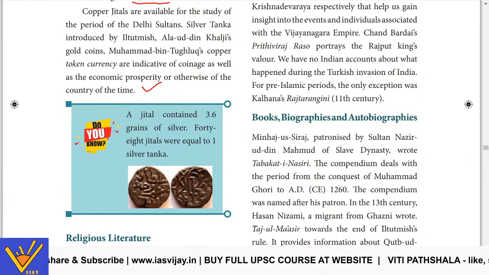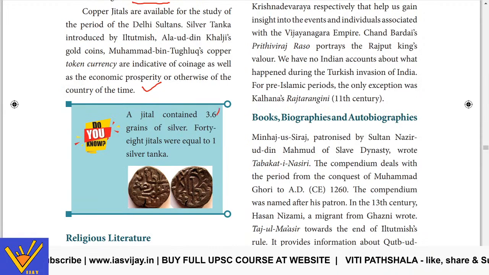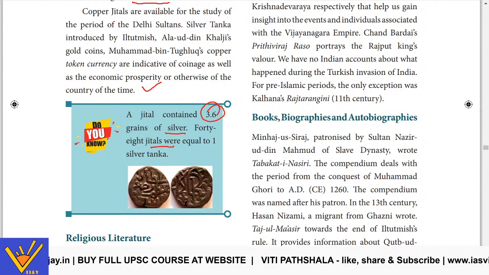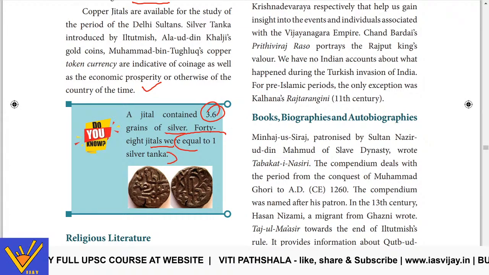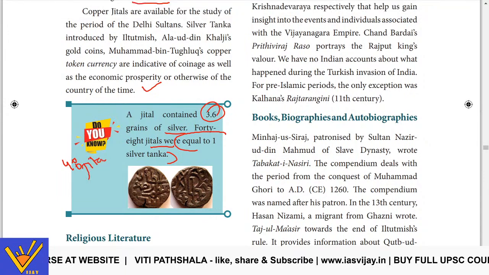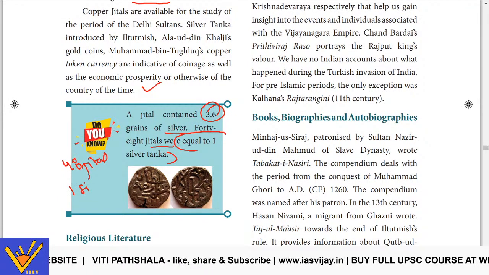Now a jittal contained 3.6 grains of silver. Now 48 jittals were equal to 1 silver टंका. मतलब कि आपके पास अगर 48 जित्तल आप लेके जाओगे तो वो एक सिल्वर के टंके के बराबर होता था.